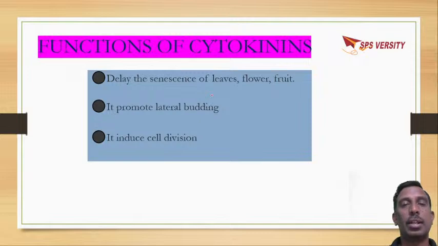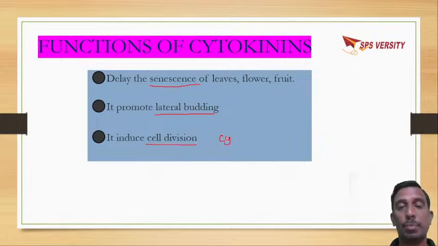The functions of cytokinins: the first function is delay of senescence. Senescence means falling of leaves, which leads to death of leaves and flowers; this process is delayed. It promotes lateral budding, the formation of lateral buds. It induces cell division; it is an active promoting substance of cytokinesis.